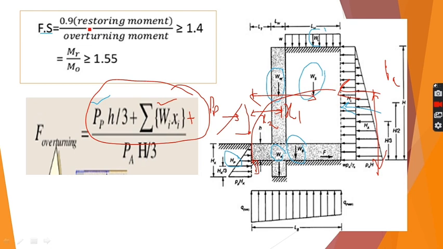If that factor of safety is greater than or equal to 1.55, then your design is safe and your retaining wall is safe against overturning. And if in any case it comes out to be less than 1.55, then there is some problem with the retaining wall, so you will have to redesign it. So this is all about the overturning.